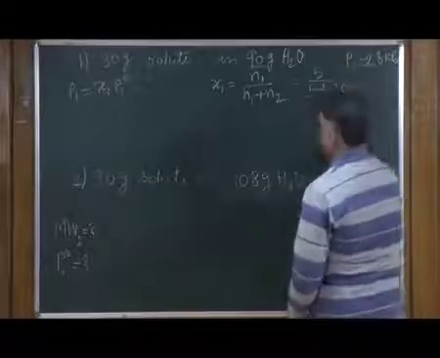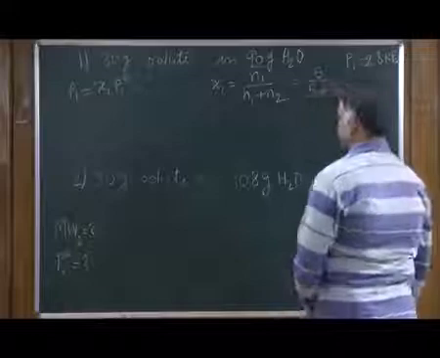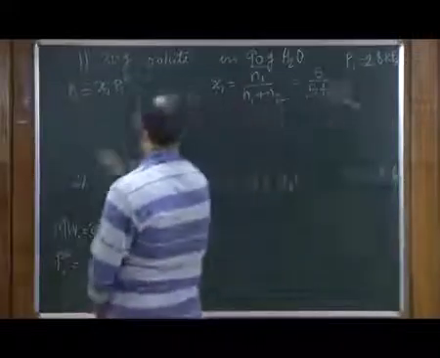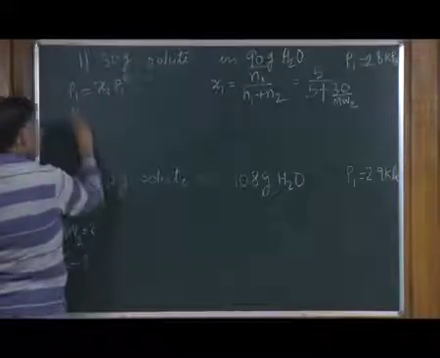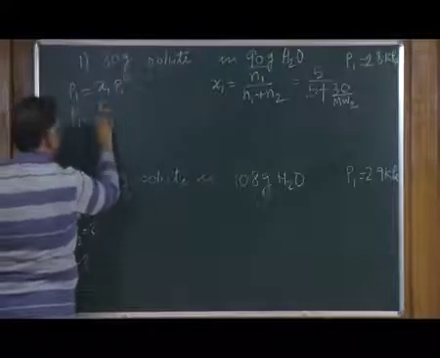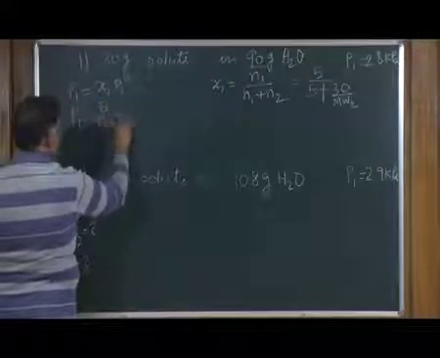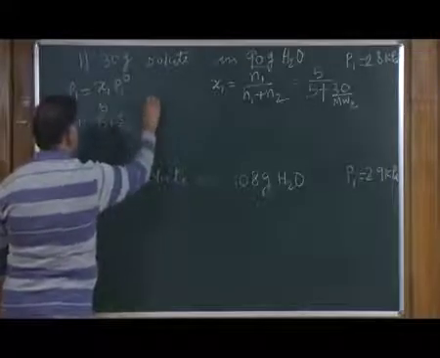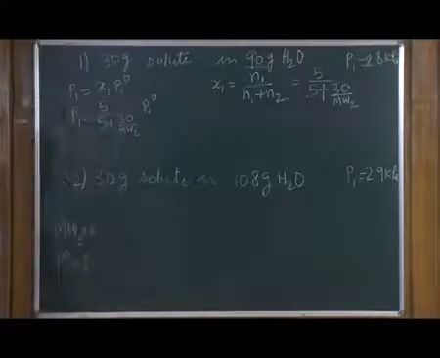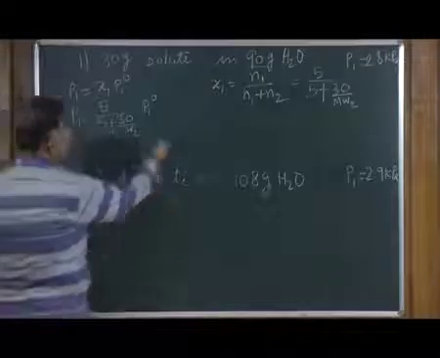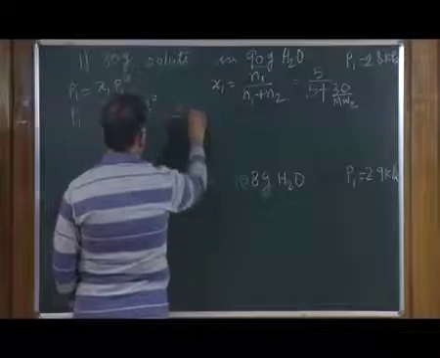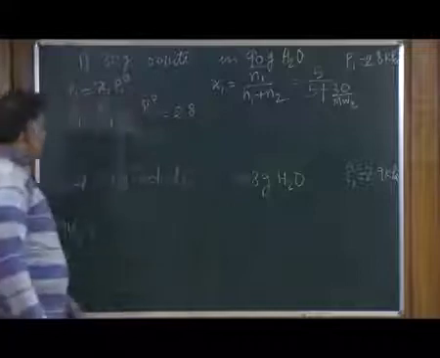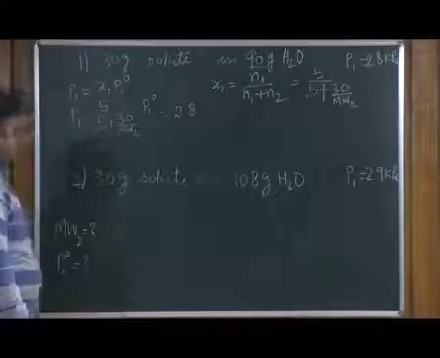So, this is x1. Now, we can take this and put it in here and we get P1 is equal to 5 divided by 5 plus 30 by the molecular weight of solute, multiplied by P1 0, and that is equal to 2.8 kilopascal, and so we are going to calculate P1 0 also in kilopascal.